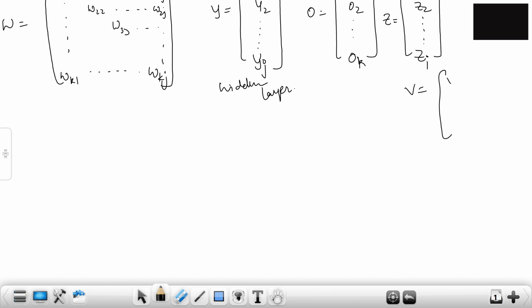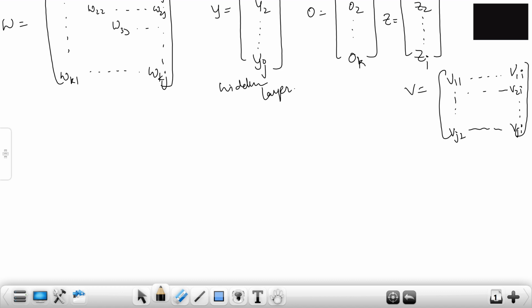V equals V11 and so on, V1i, till Vj1, and this goes up to Vji. V2i, etc. That's the V matrix.